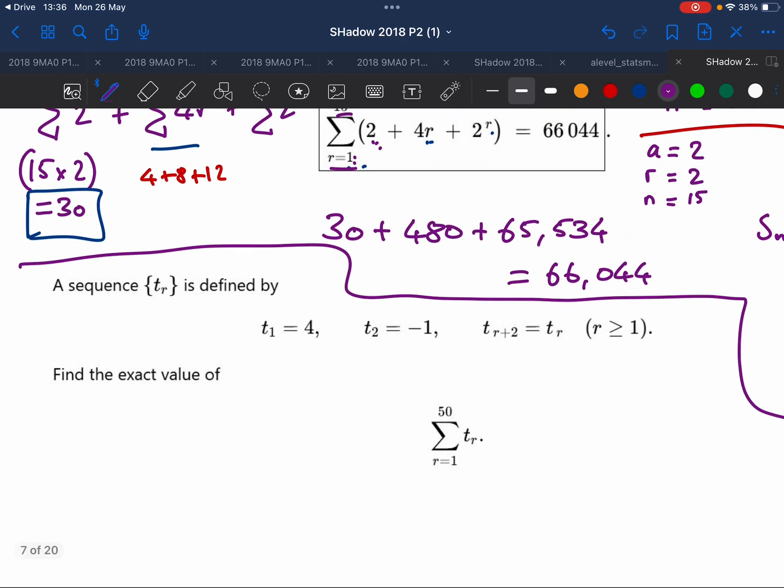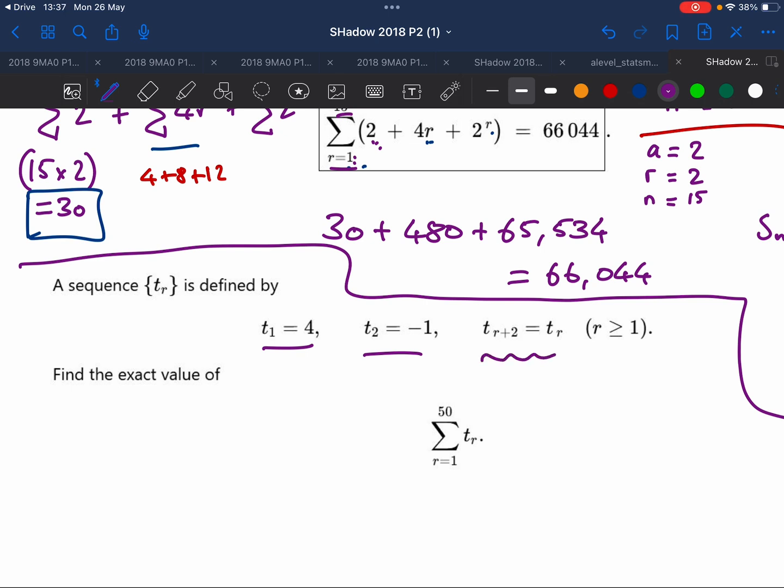So this is playing at the fact that this symbol, this sigma notation, is used in a few different ways typically. So notice how it's being used in this question. The first term is 4, the second term is -1, and it says the term 2 above another one is the same.